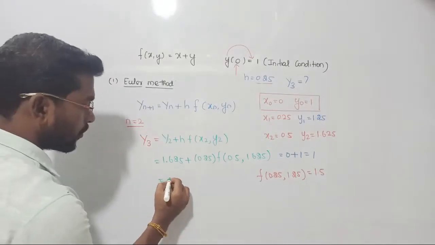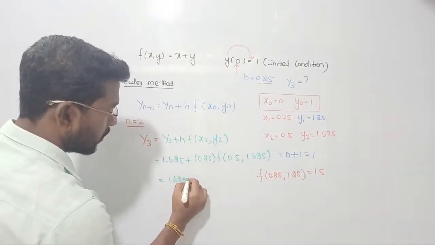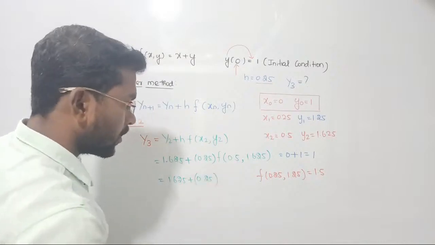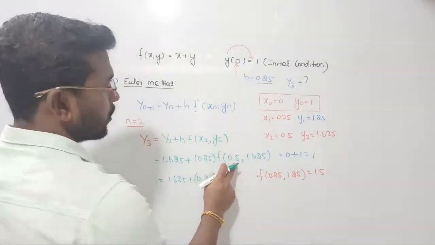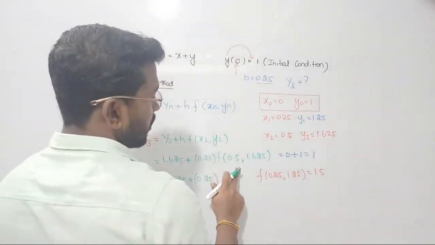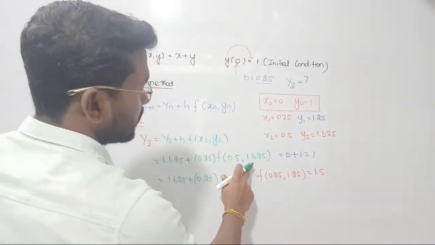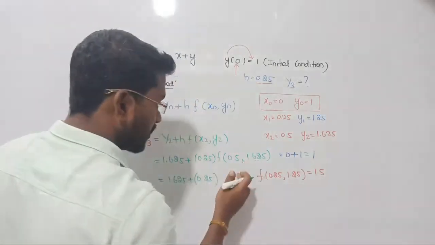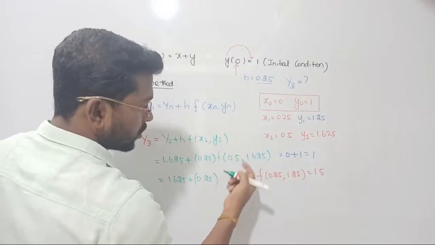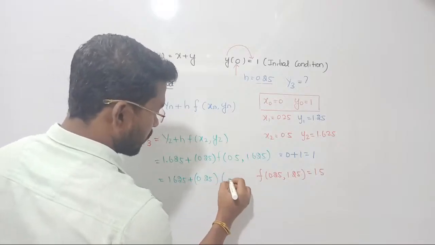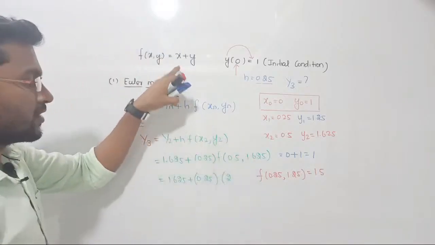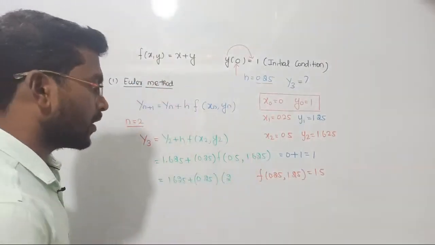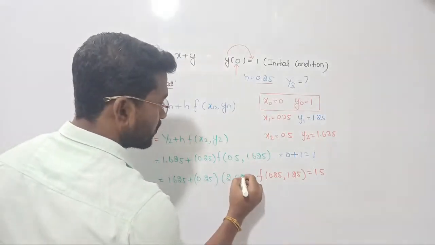So let's bring the answer: 1.625 plus 0.25 in bracket f of 0.5 comma 1.625. Substitute like that. If I add 0.5 with 1.625, automatically it will become 2.025, right? Just substitute 0.5 plus 1.625 and add, what comes? That is going to be 2.025.